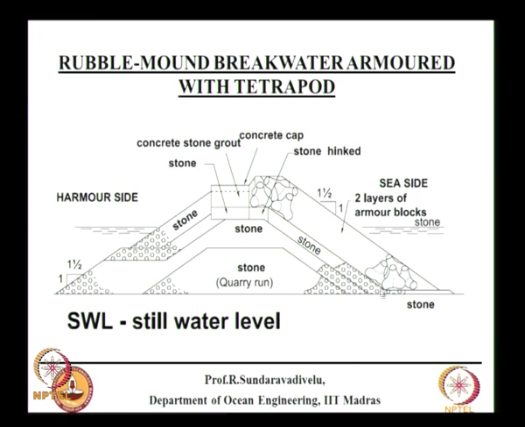Here the toe is not shown, sometimes the toe is not required if the water depth is less, and we have the armor layer, under layer 1, under layer 2, then we have the core layer.